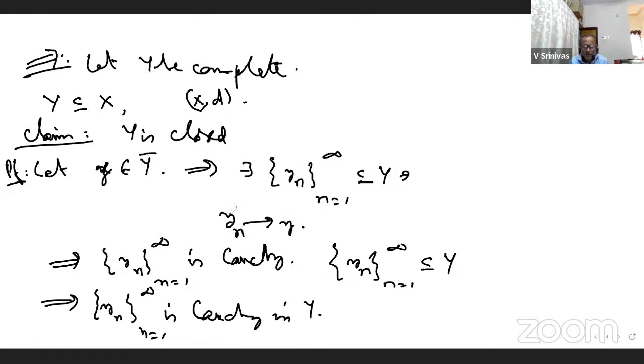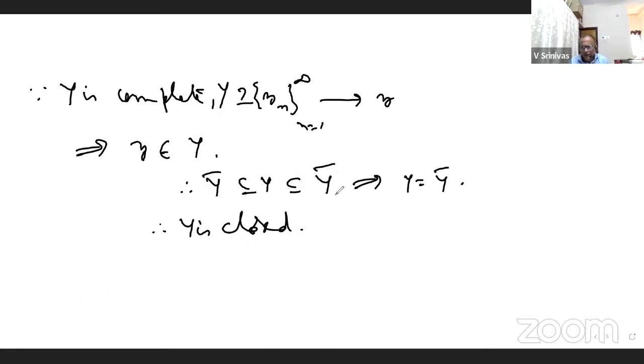Therefore, the limit of this sequence has to belong to capital Y. So we started with a small y in Y closure, and it is in capital Y. Therefore, Y closure is contained in Y. Y is always contained in Y closure, so Y equals Y closure. Therefore, Y is closed. So that is one part.